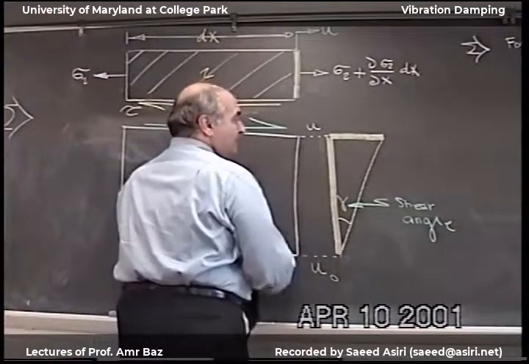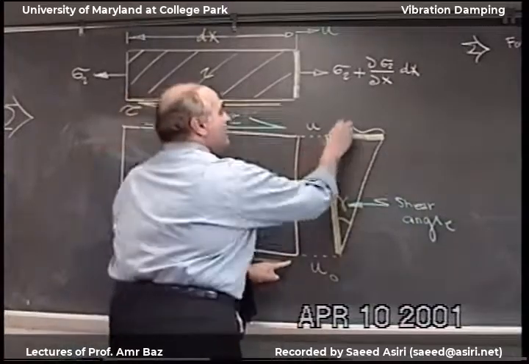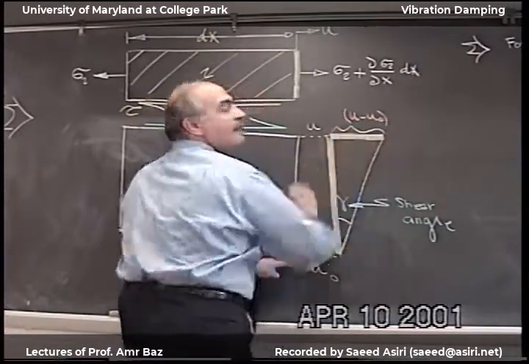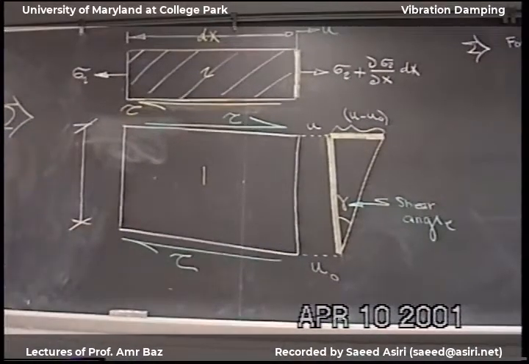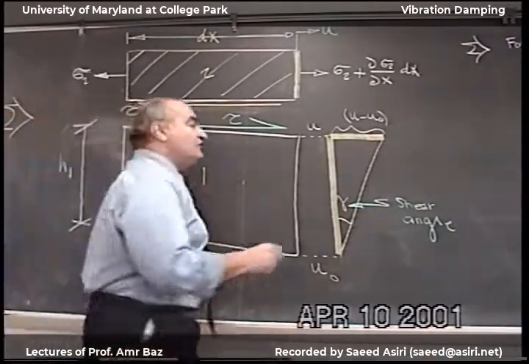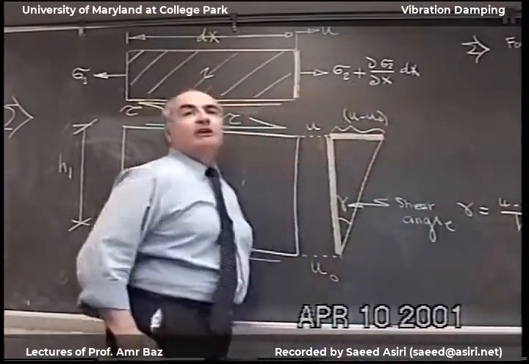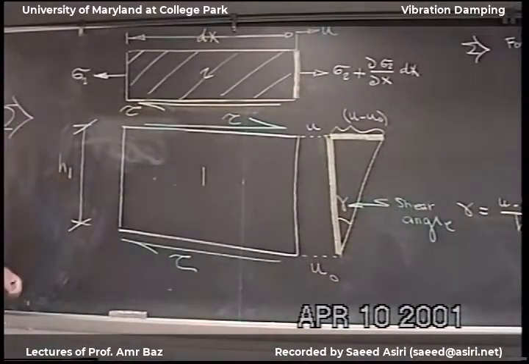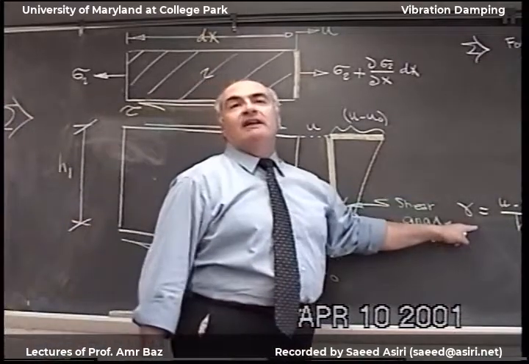From this triangle, this distance is the difference between u and u0, and this distance is the thickness of the viscoelastic material. Now I can calculate the shear angle, which equals u minus u0 divided by h1. So for a given input, I'll determine how the constraining layer will respond, and from this we determine the shear angle.